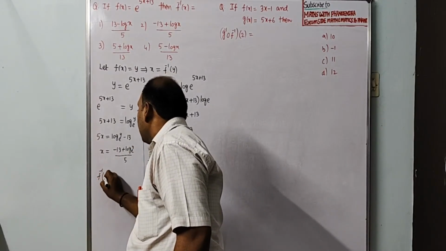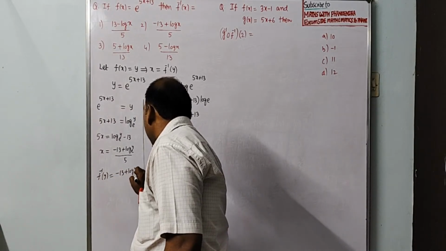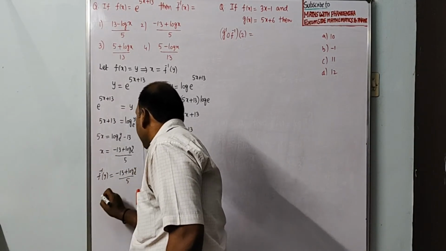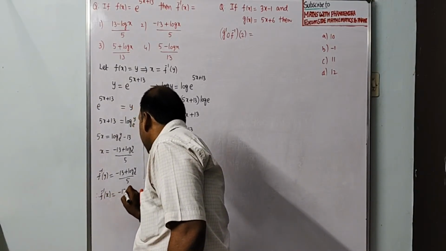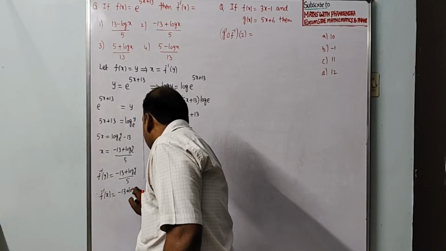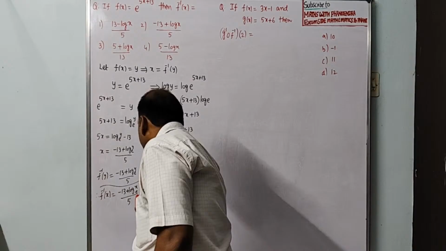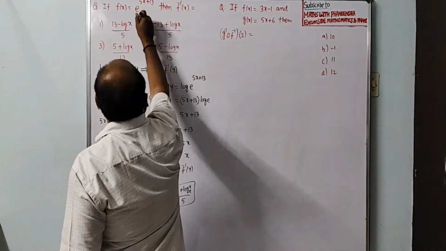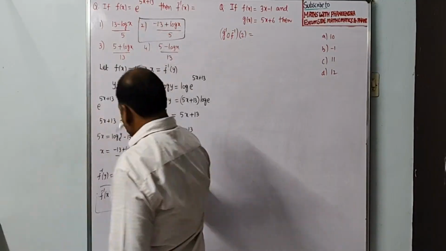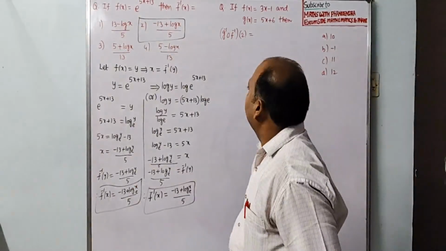So f inverse of y equal to minus 13 plus log y to the base e by 5. F inverse of x equal to minus 13 plus log x to the base e divided by 5. Both answers are equal to this one. Base e is not written, but that is base e, meaning natural logarithm.